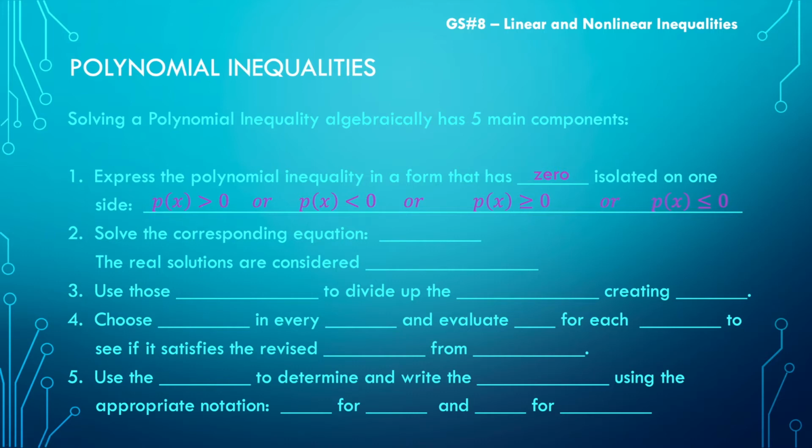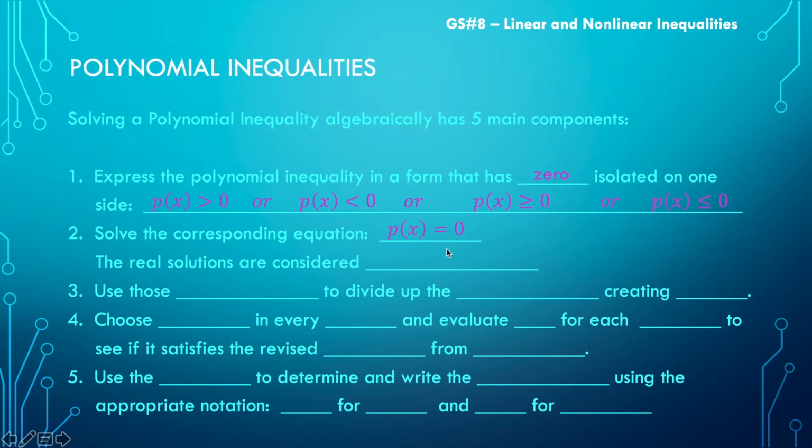And the reason we do that is because it's easier to relate things to 0, and because we want to be able to solve the corresponding polynomial equation. And most times that we're solving polynomial equations, we are going to want to set it equal to 0 to begin. So we're going to take that polynomial piece, set it equal to 0, and solve for x.